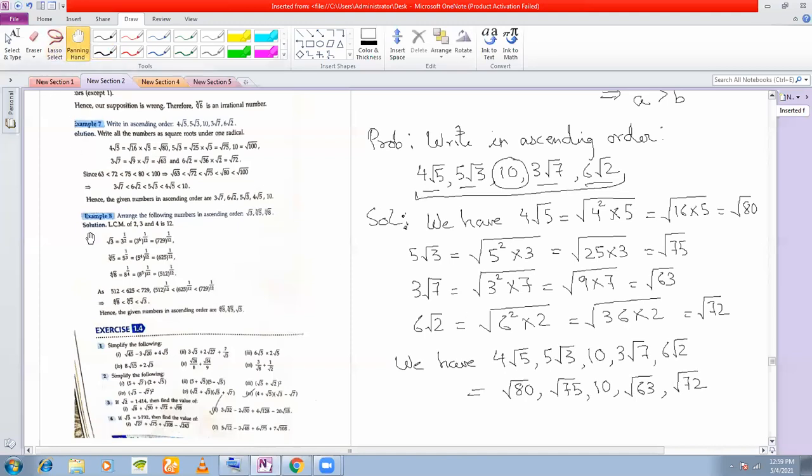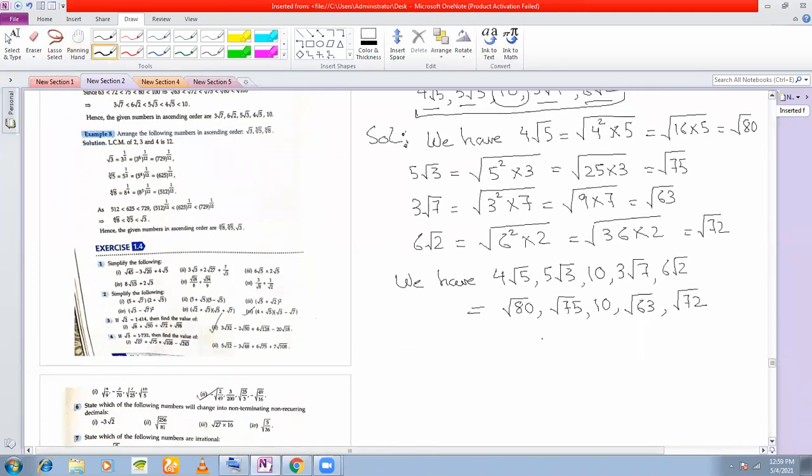Now what I'll do is I'll look at the numbers within the radical. Now what we do here is we square these numbers. Squaring all the numbers, what do we get?